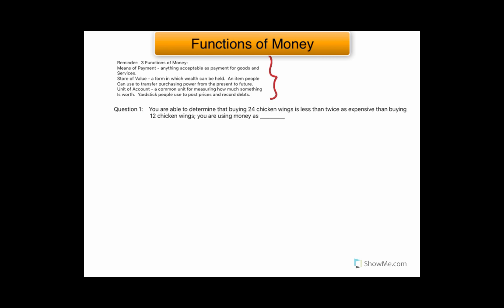And then our first question is, you are able to determine that buying 24 chicken wings is less than twice as expensive as buying 12 chicken wings. So how are you using money? Or which of these three functions are you using money as? So if you look up here, it says means of payment is exchanging some form of currency for goods and services.